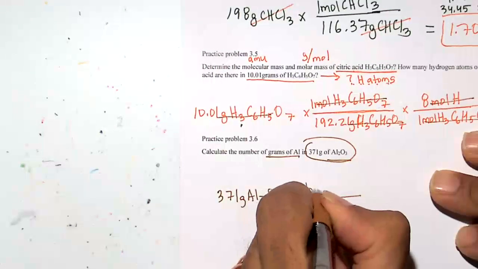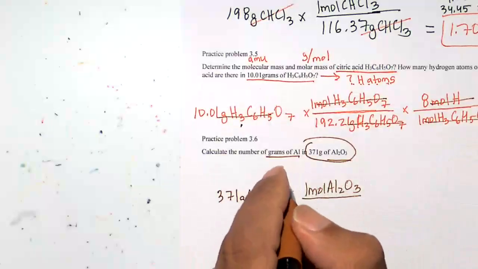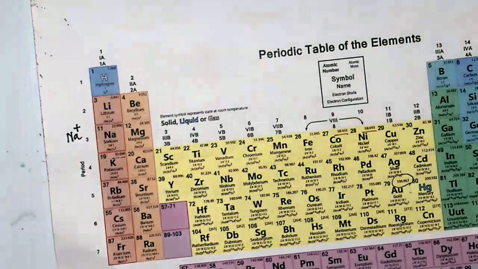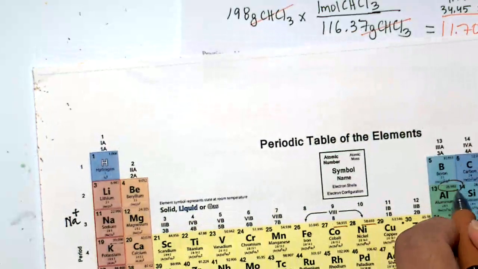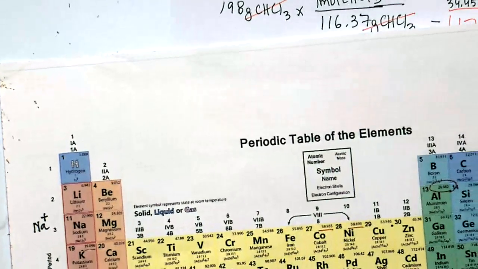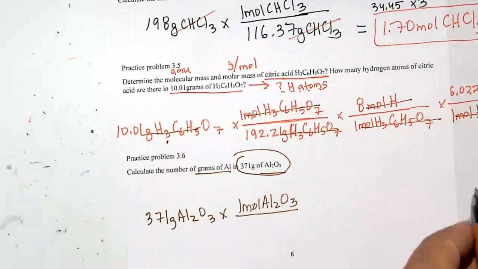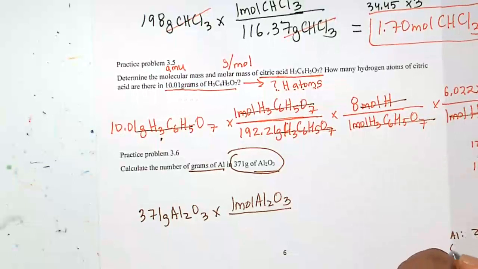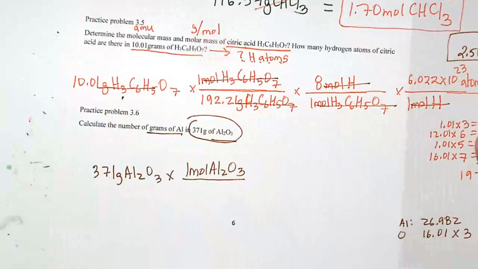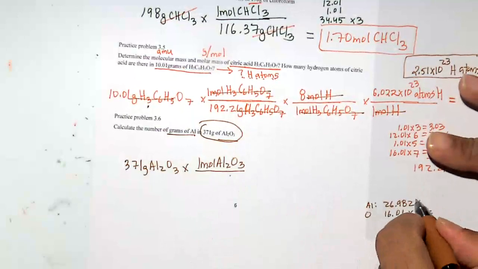Okay, let's convert that to moles. So 1 mole of Al2O3 contains how many grams? We should know this by now. What is Al? 26.98, something like that. What is oxygen? 16.01 times 3. What do we need to do with the Al?